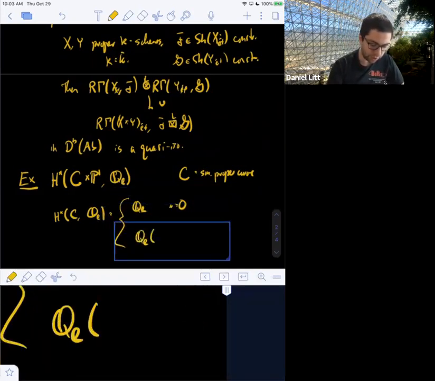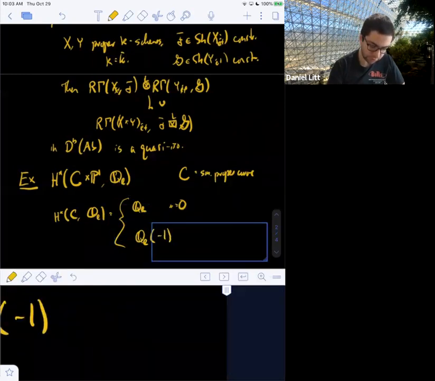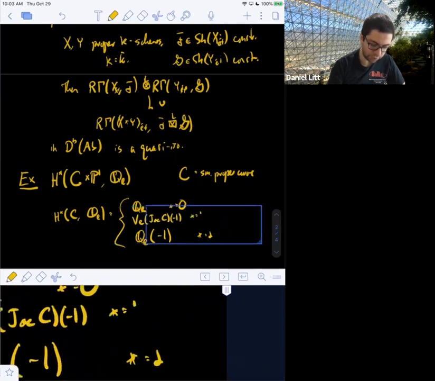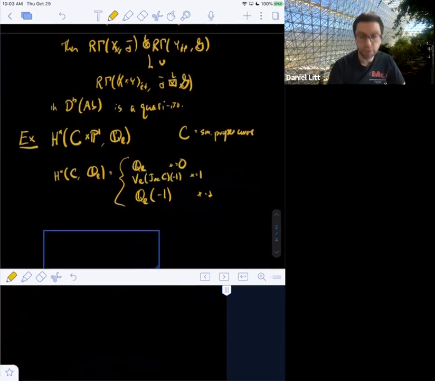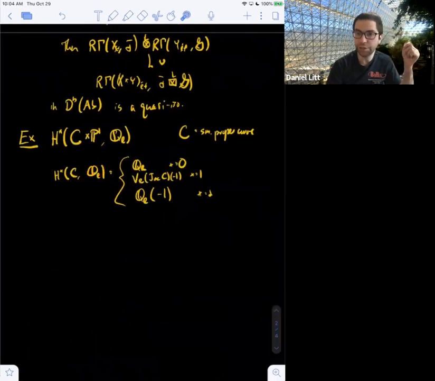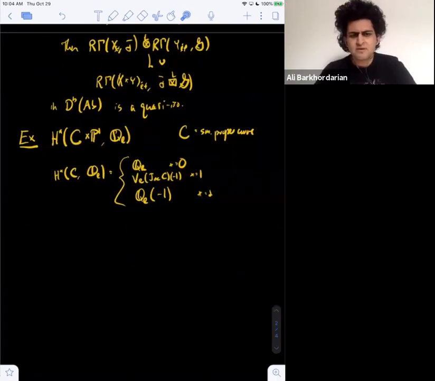You get QL of -1 for star equals 2, and for star equals 1 you get, if you'd like, the L-adic Tate module of the Jacobian twisted by -1. So here, how do you see this? You just compute this with mu L to the n coefficients instead of ZL to the n, and then tensor by the dual of mu L to the n, which gives you this -1 factor. What is VL?